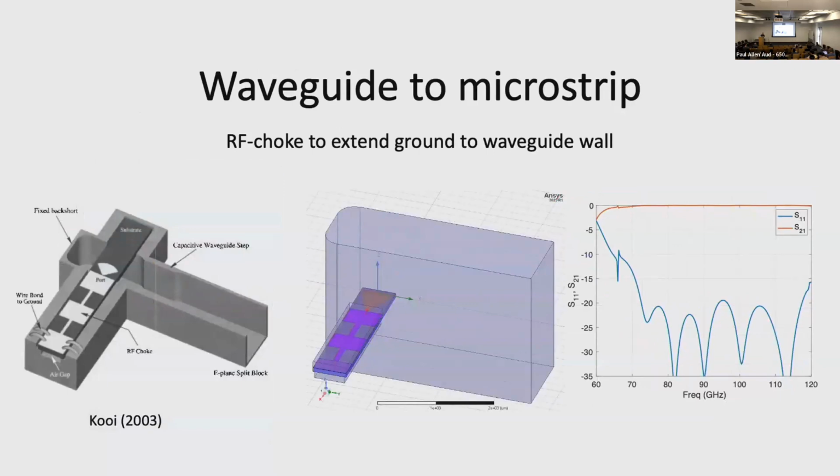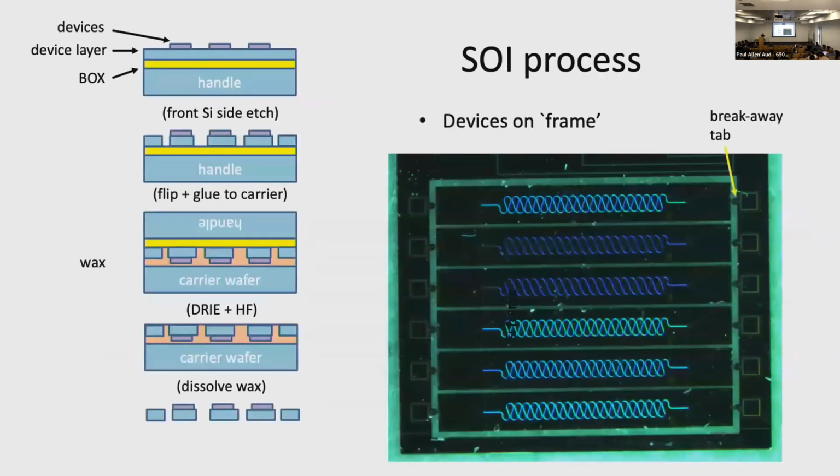This is showing that you can machine or pattern the ground plane into an RF choke structure in order to present a good RF ground at the waveguide wall. The chips need to be quite thin for this to work in order to avoid perturbing the waveguide too much. And so we're making these on 100 micron silicon for now. It turns out to be good enough for W band.